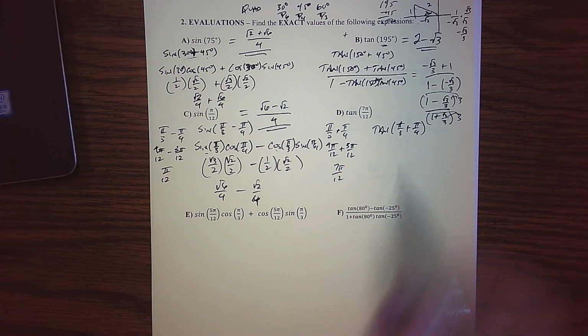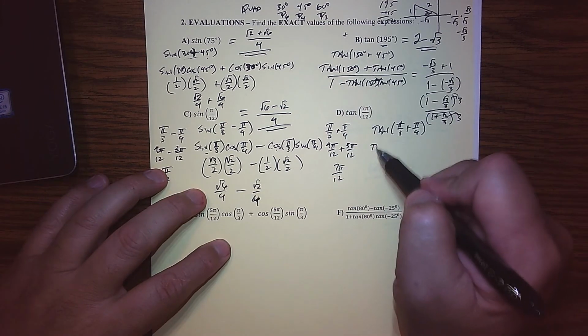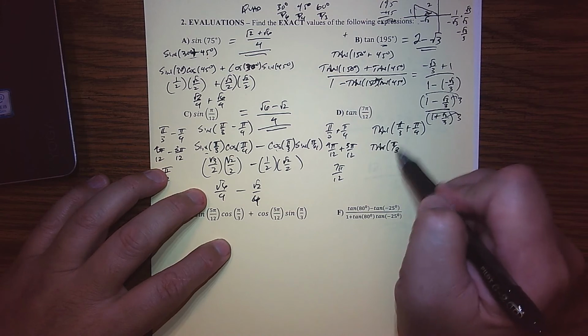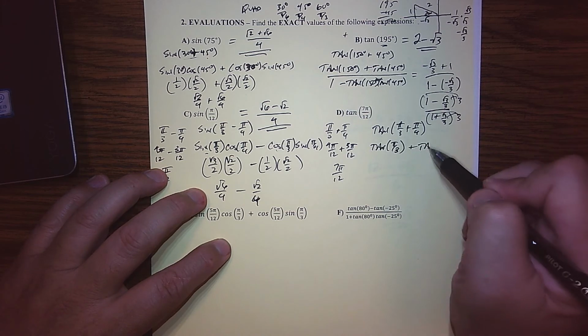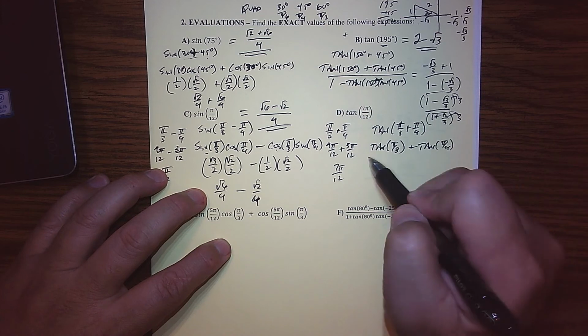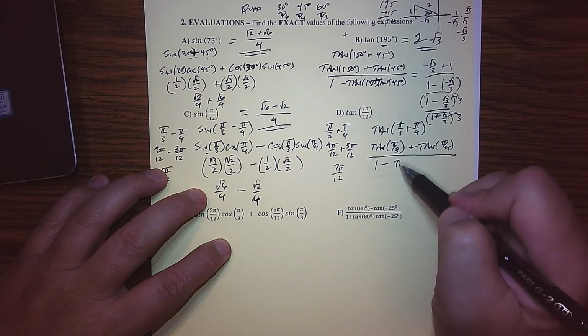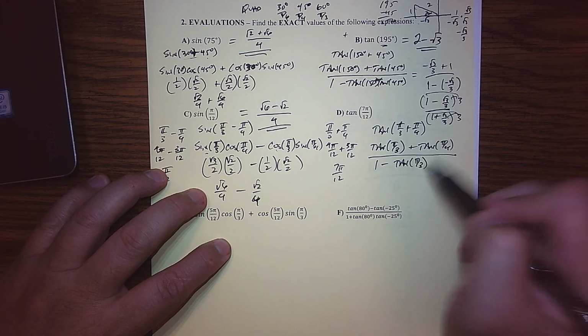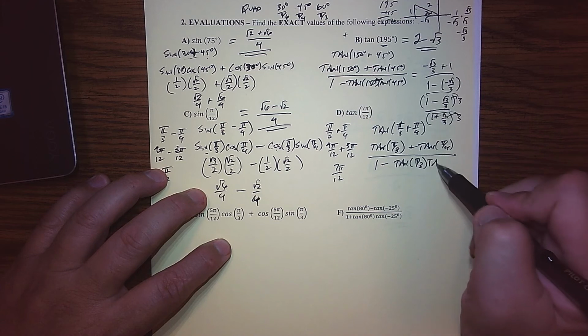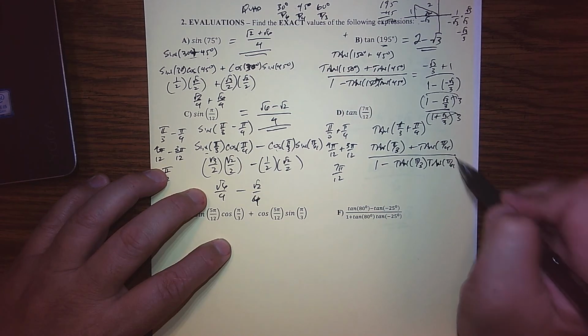And so we're using that same identity up here. So we have the tangent of pi over 3 plus the tangent of pi over 4, and then 1 minus the tangent of pi over 3 times the tangent of pi over 4.